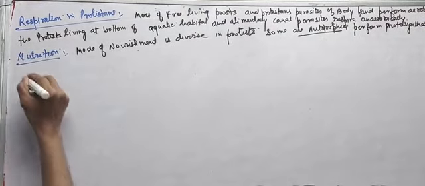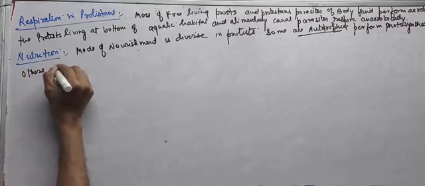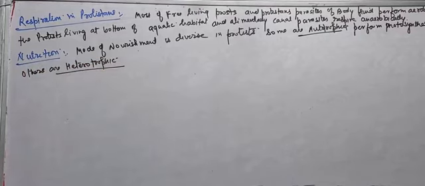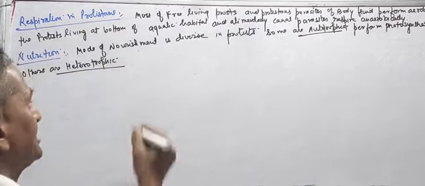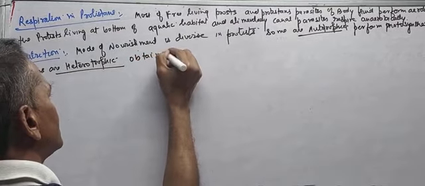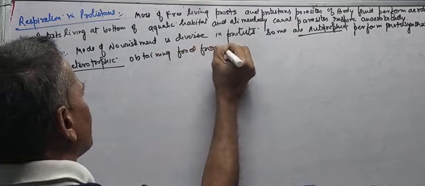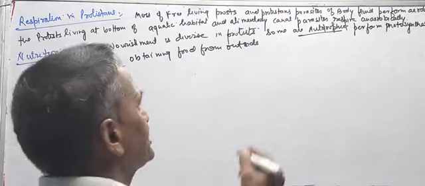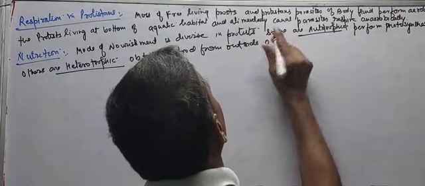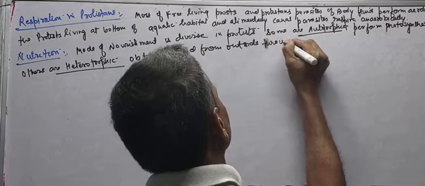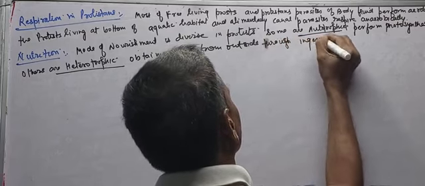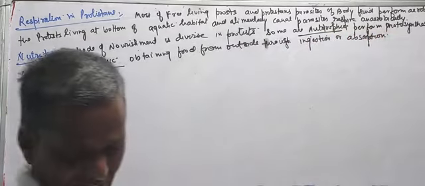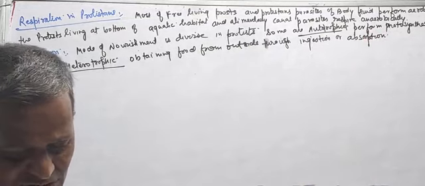Others are heterotrophic, obtaining food from outside through ingestion or by the process of absorption.